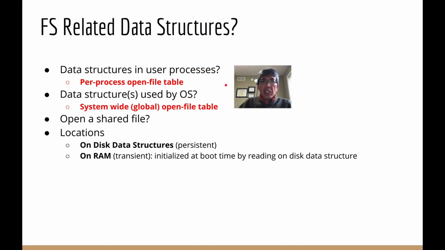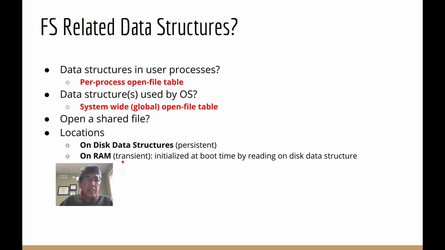There will be data structures created one per process and also system-wide data structures to keep the state of the entire system. Another important difference in file management is that some of these data structures must be persisted on the storage device, and they are also read at boot time for the system to initialize its data structures.